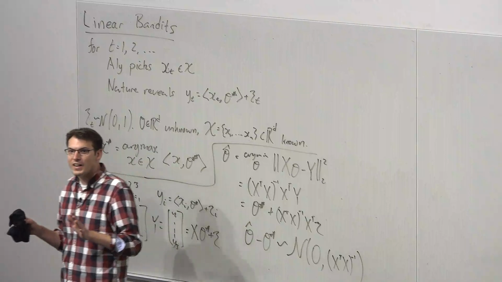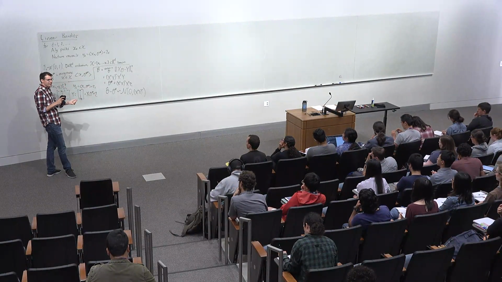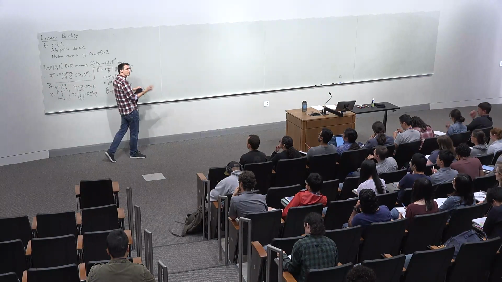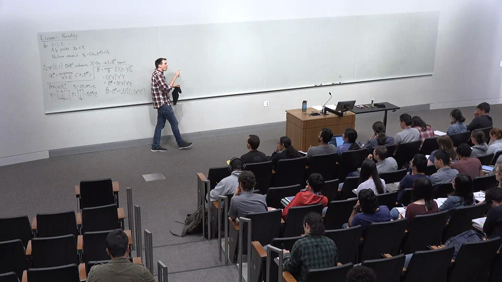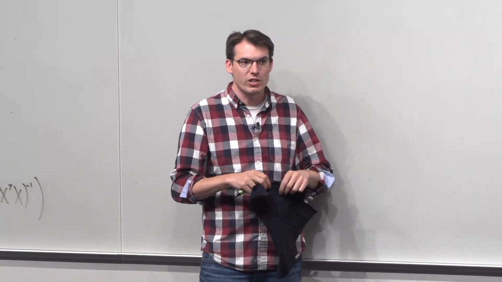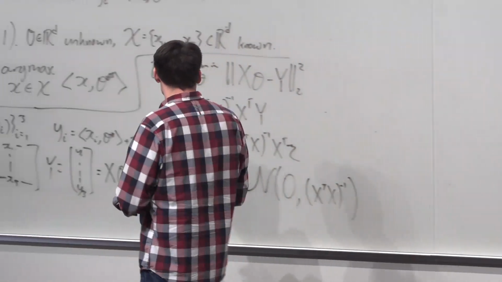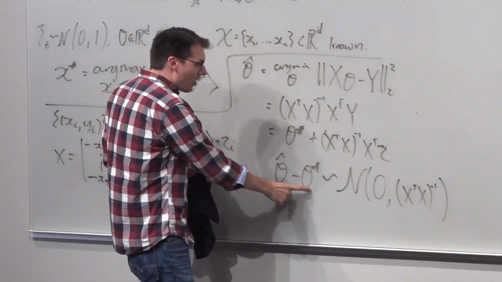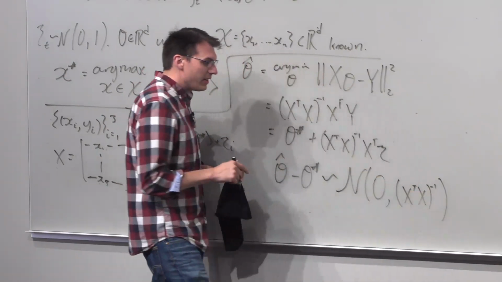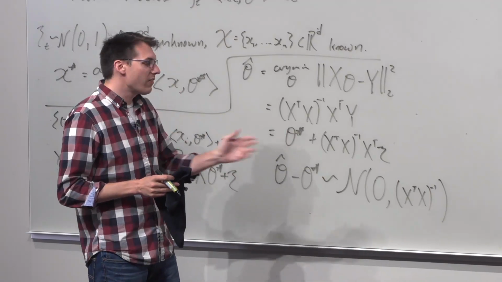This is a remarkable fact of linear estimation, and it allows us to plan. Meaning that if I want to, I can basically predict what my uncertainty will be in any given direction even before I've seen the y's. Just given the x's, I can predict what the uncertainty is going to be. Even though I can't predict what theta star is going to be, I can predict what the uncertainty is going to be because theta hat is unbiased, meaning its expectation is equal to theta star, and the uncertainty, meaning how far away theta hat is from theta star in any given direction, is given by this covariance matrix.